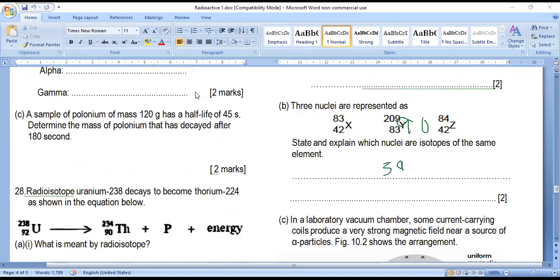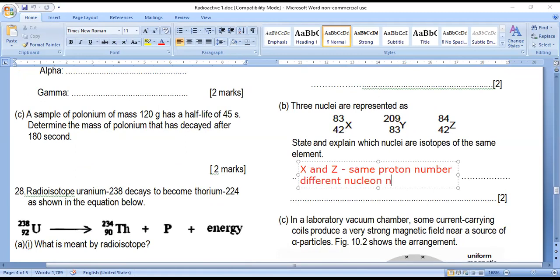The answer will be X and Z. The reason will be same proton number and different nucleon number. Same proton number, different nucleon number.